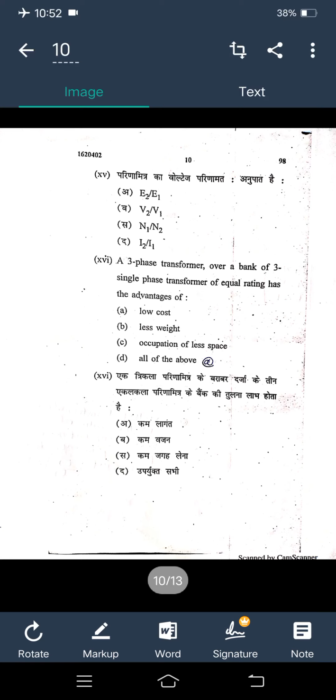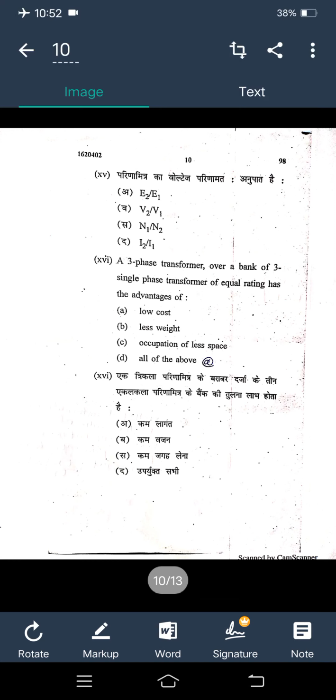Here one transformer is made up for the three separate transformers. Low cost, because less material is used. Less weight, because one transformer is used compared to three different transformers. And less space, because only one transformer is made. So all the options are correct.